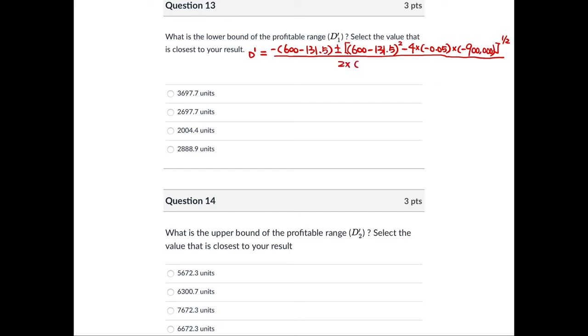And then all of this over 2 times negative B. Like what I said, you always want to start with the calculation in the parentheses, and then the bracket, and then the bar. So first, what is in the parentheses?